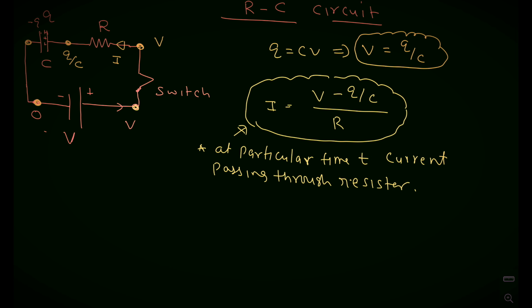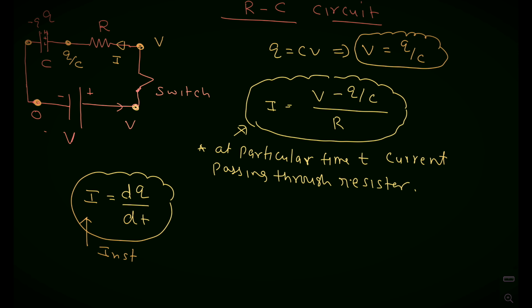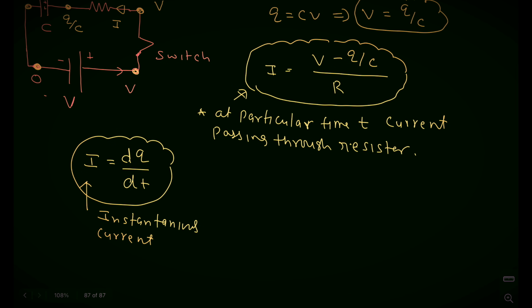Instantaneous current, meaning at any particular time t. For instantaneous current we can write I is equal to dq by dt. This is the instantaneous current at any particular time t. Then this is the equation of current I already got.